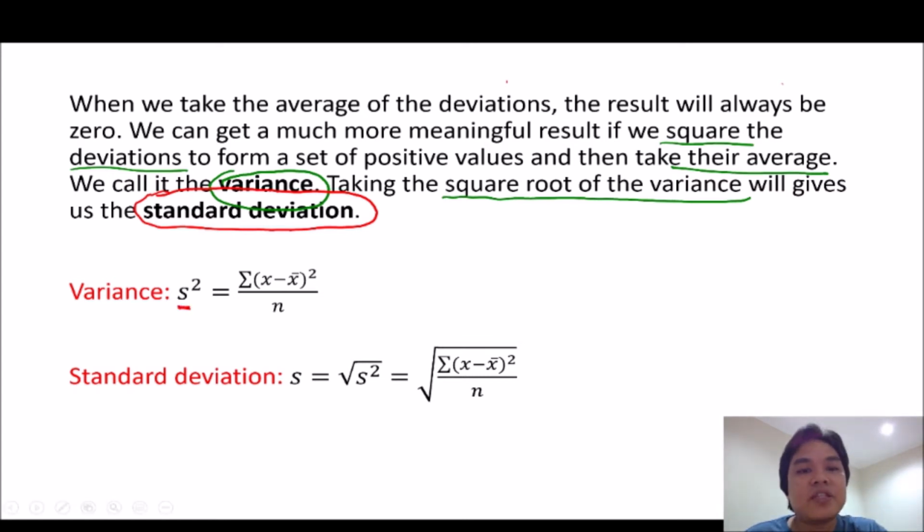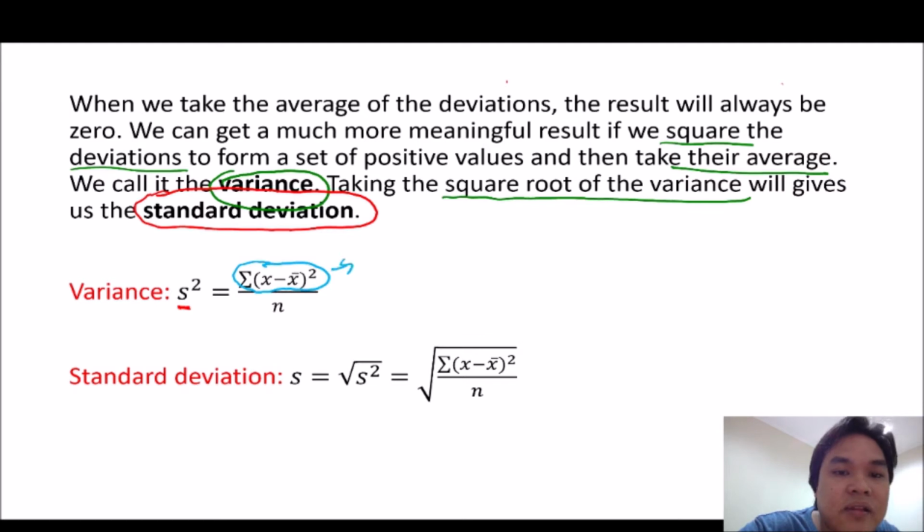So using the formula, the variance, for which we will use the symbol s squared here, is equal to the summation of x minus x bar squared all over n. The summation of x minus x bar squared represents the sum of squared deviations, and n represents the total number of scores.